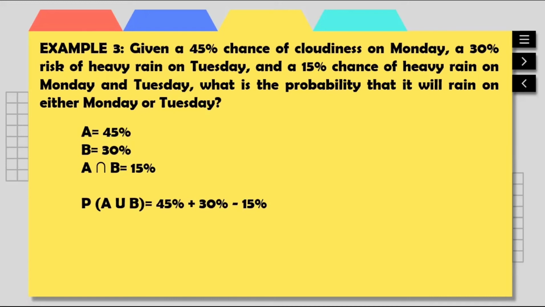The probability of A union B is equal to 45% plus 30% minus 15%, which is equal to 60%. So the probability that it will rain on either Monday or Tuesday is equal to 60%.